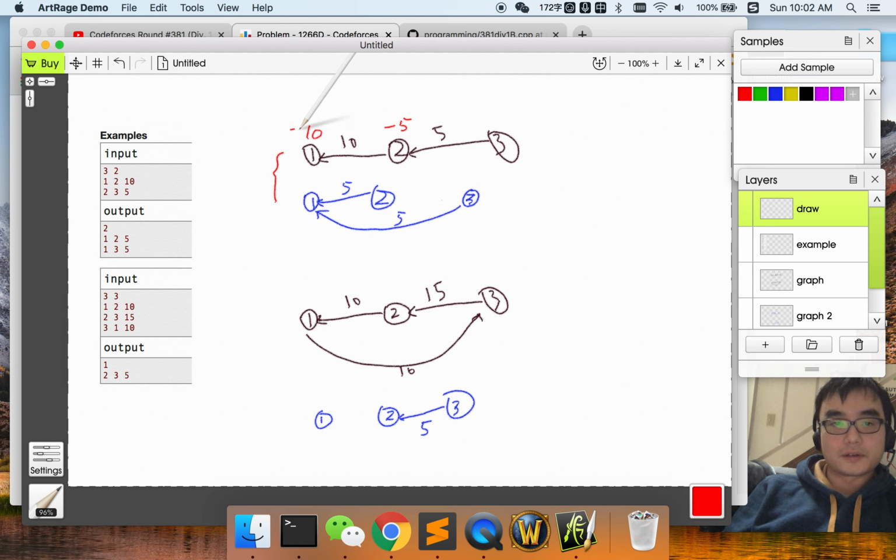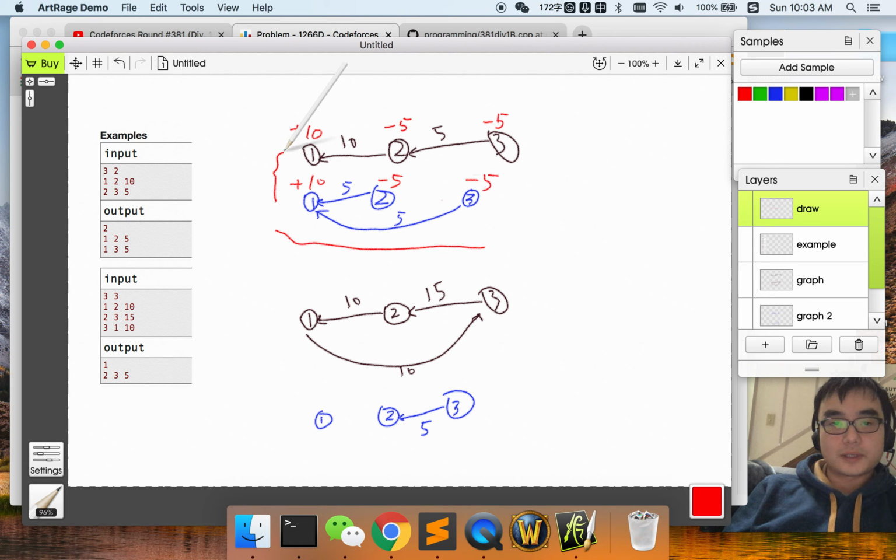So overall, he gets $10. And the third person overall lends $5, right? Same in the output. The first person overall gets $10, the second person lends $5, and the third person lends $5.